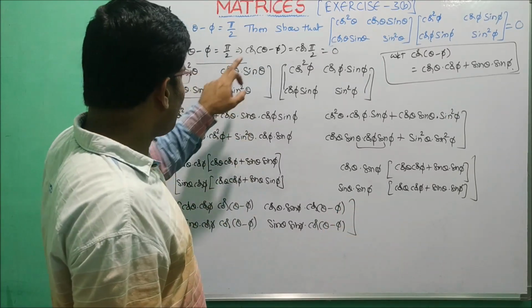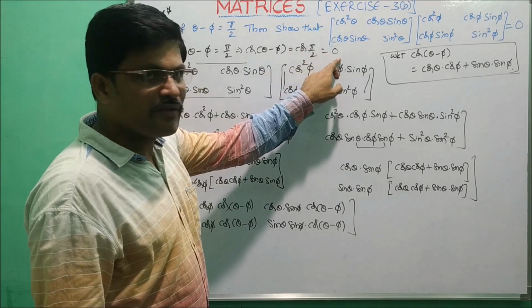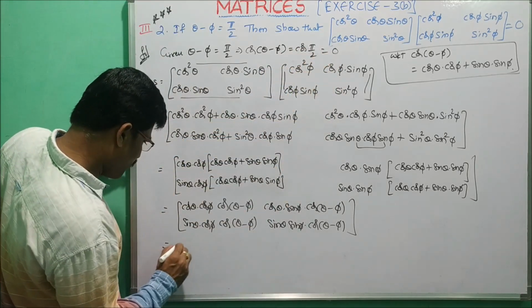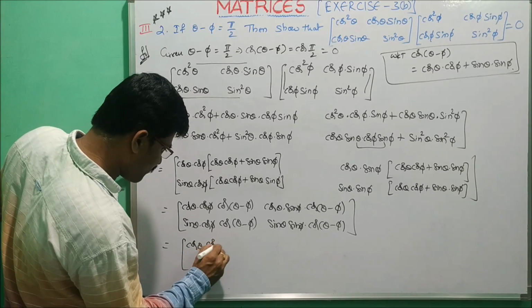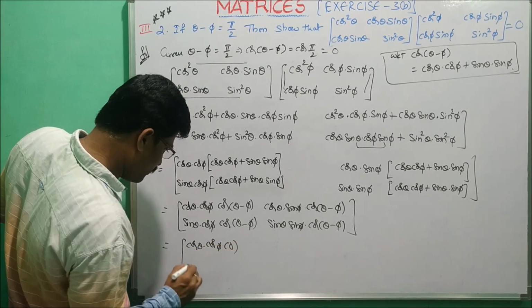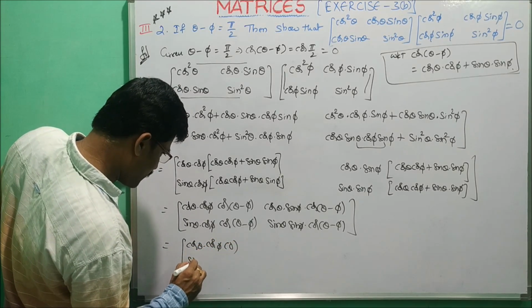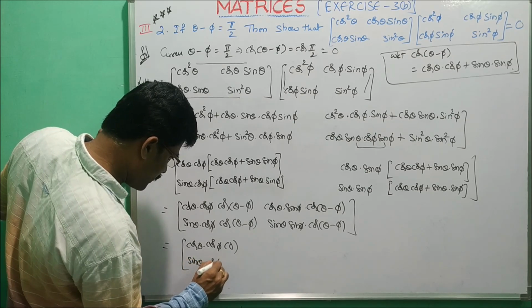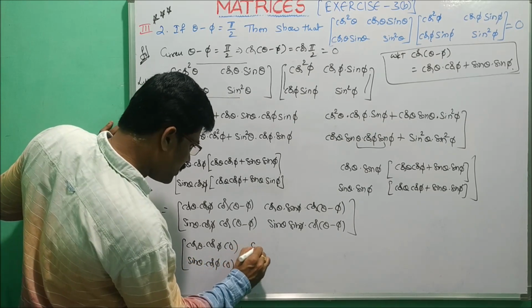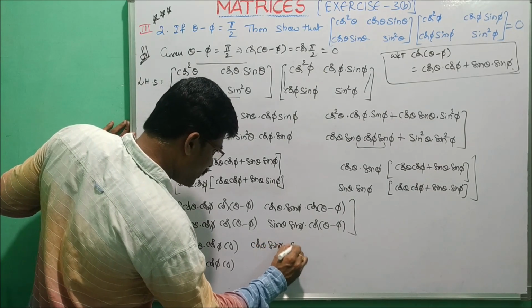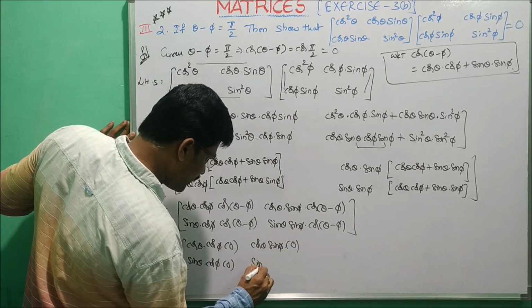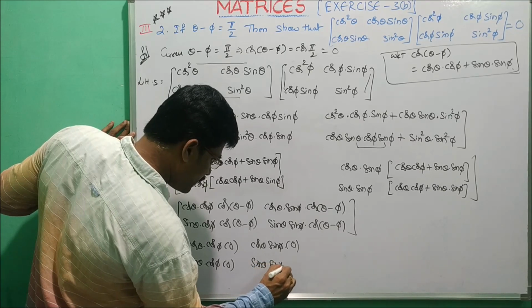Already found that value: cos theta minus phi is always equal to 0. Now substitute that value here: cos theta cos phi into 0, sin theta sin phi cos phi into 0, cos theta sin phi into 0, sin theta sin phi into 0.